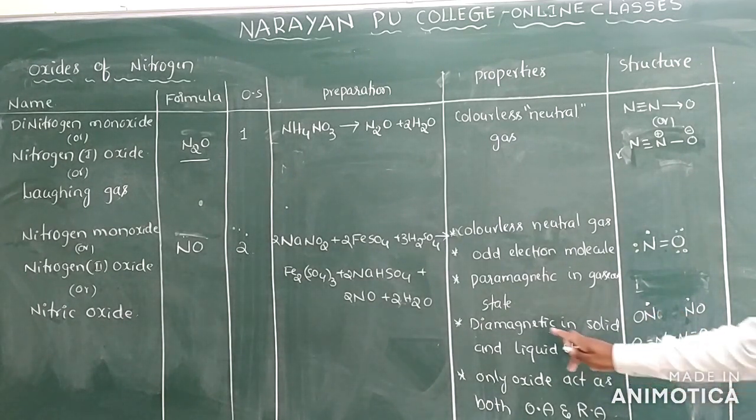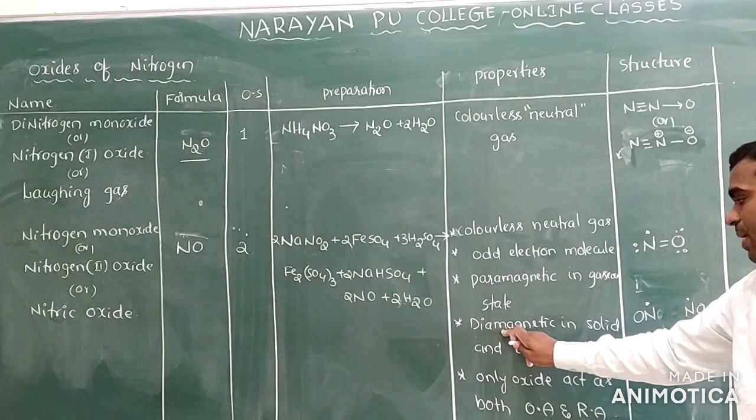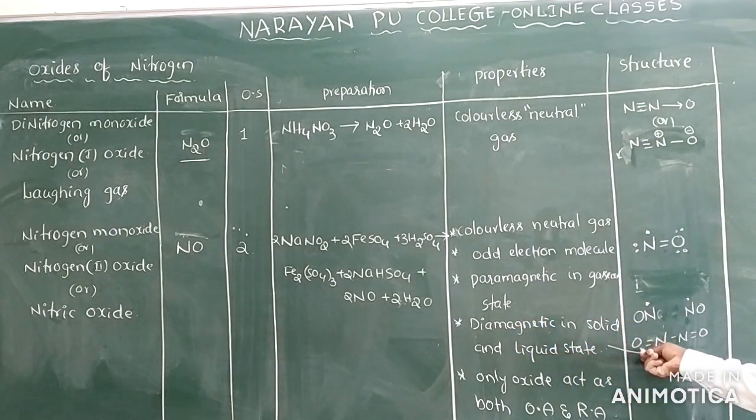In the gaseous state it has one unpaired electron, but in the solid and liquid state there are no unpaired electrons. So it is diamagnetic in the solid and liquid state because of dimerization.